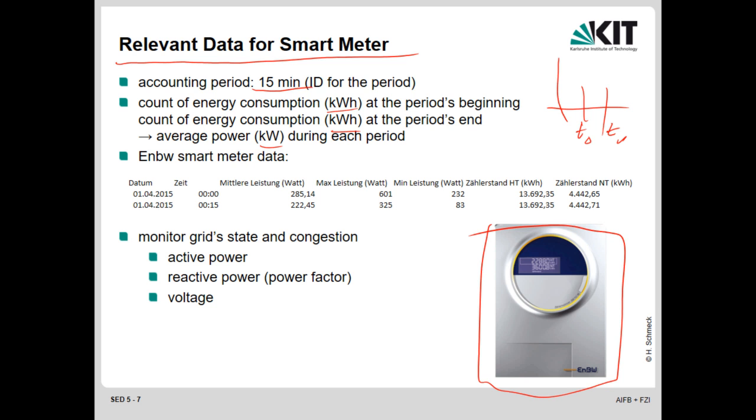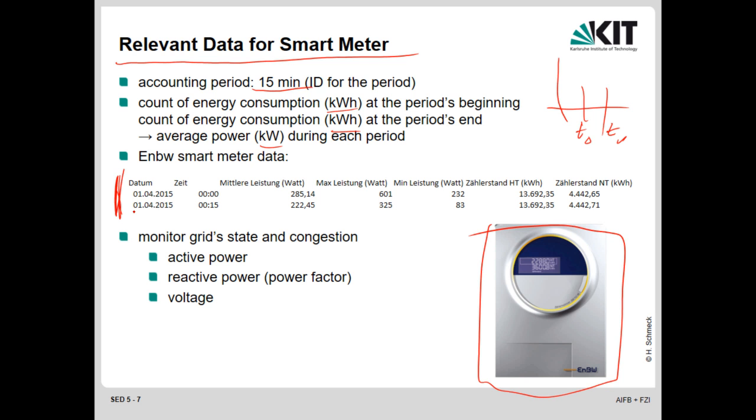EnBW's smart metering system actually does a little bit more. I just copied 2 lines from the data that I can go to the EnBW cockpit and download, all the data that they get from me. At least that's what they say they get from me. I don't know whether it is exactly the data, but this is what they actually sent me.